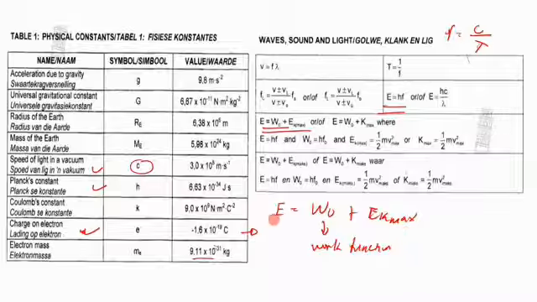All these terms will be explained as we tackle the question. So this is the energy of the photons. Now, without any further ado, let's look at the first question that we have.